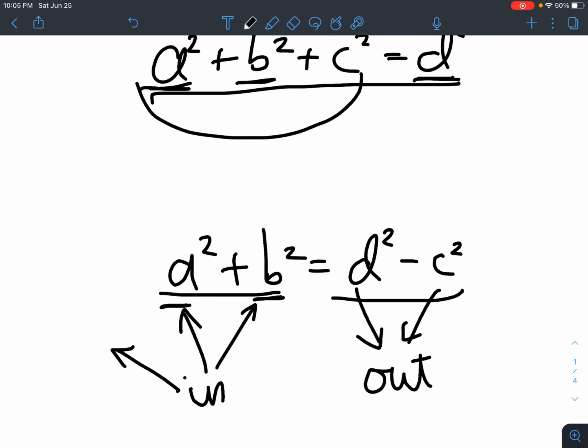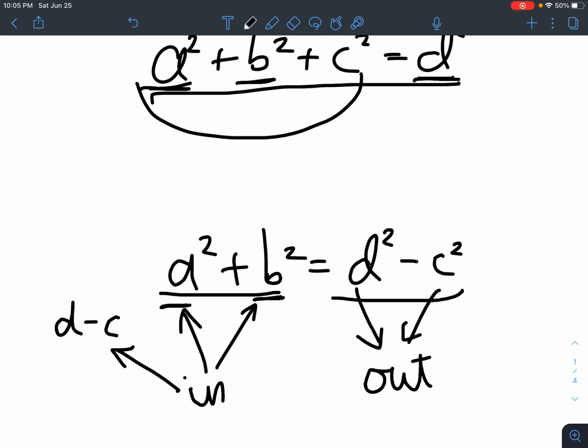And this is where rephrasing the equation becomes important, because what we've just done is written it as a squared plus b squared equals d squared minus c squared. And if you're lucky, you might think to make the third input d minus c, because what you're essentially doing is specifying the difference between d and c.